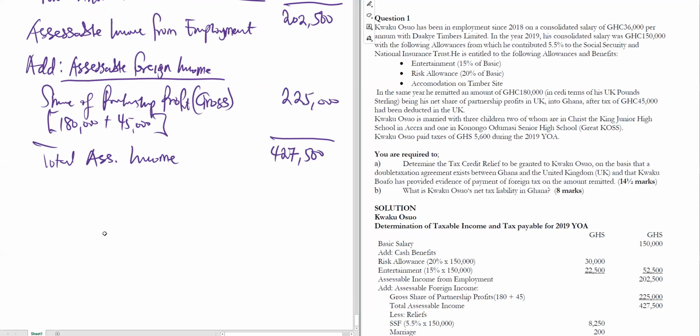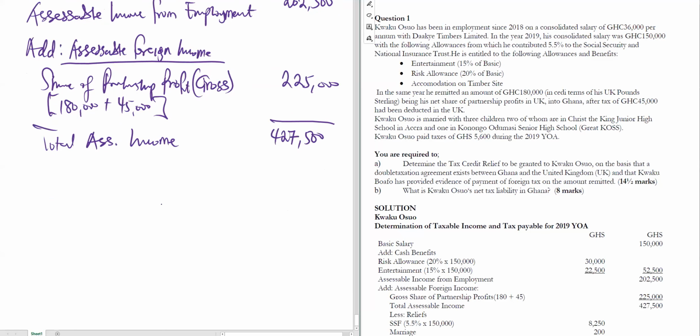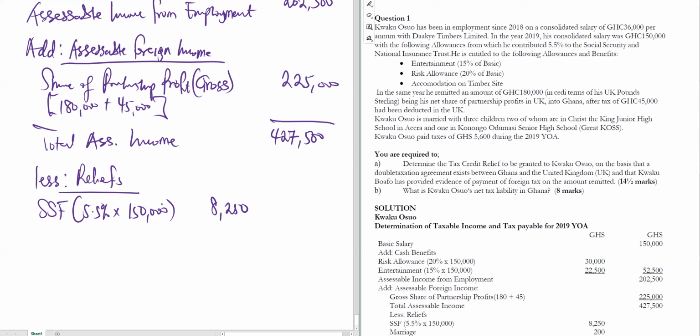So total assessable income, less reliefs. Did he have any reliefs? Yes. He contributes to social security. He contributes 5.5% of his basic salary, which was 150,000, to social security. 0.055 by 150,000, so he has 8,250.